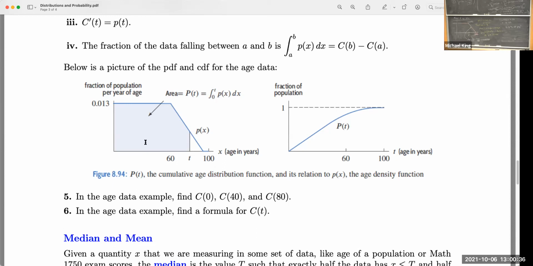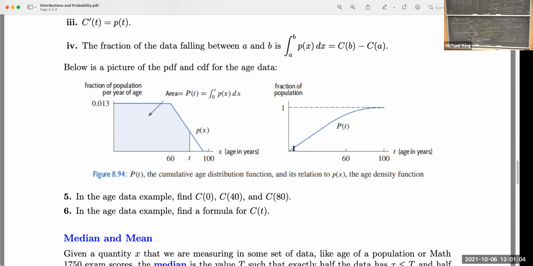Less than 10 would be more, less than 15 would be more. You'd be increasing from zero: zero of the population is less than 0 years old, and when you get to 100 years old, the whole fraction, one, is less than 100 years old. You can think of asking, for each X, what's the total percentage of the population less than X years old in the data set?